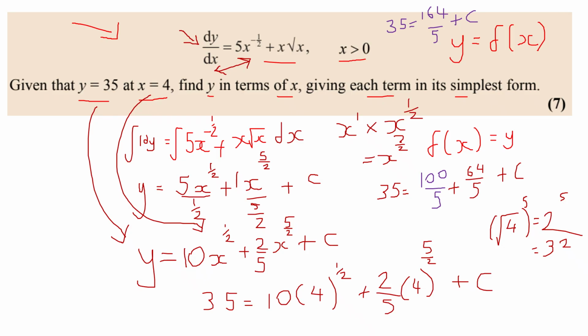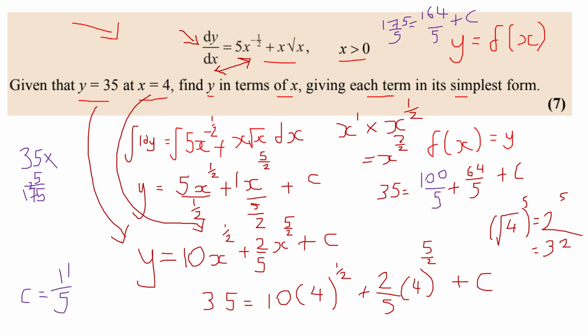Subtracting this on both sides, let me convert 35 into fifths by timesing it by 5. That's going to be 175 fifths. Subtract 164 fifths makes 11 fifths. So c is equal to 11 fifths, or 11 over 5.